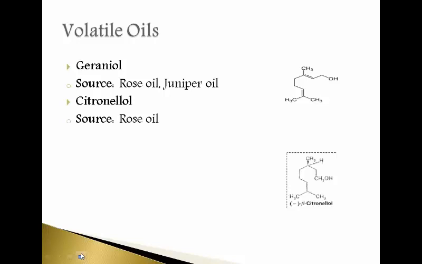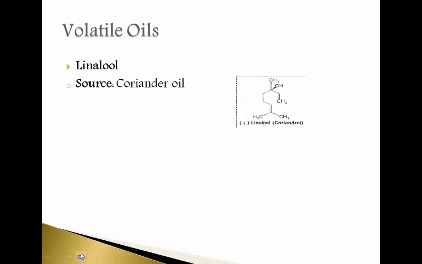Citronellol is another example, which is present in some oil like rose oil, and it is also acyclic and monoterpene, that is having 10 carbons. The third one is nerol, also called coriandrol, and it is present in coriander oil. It is also acyclic monoterpene.